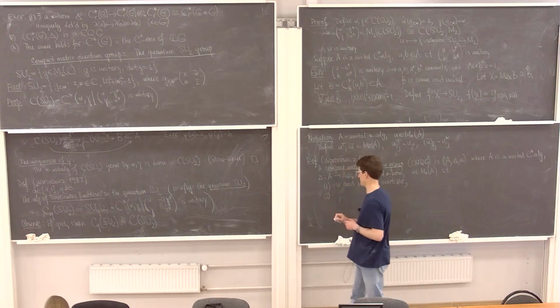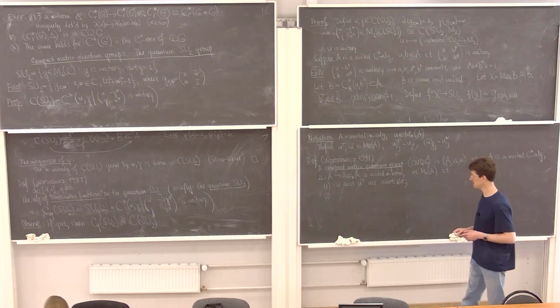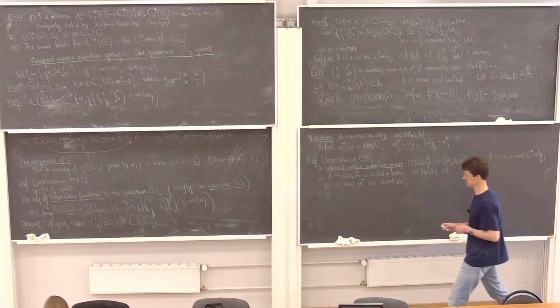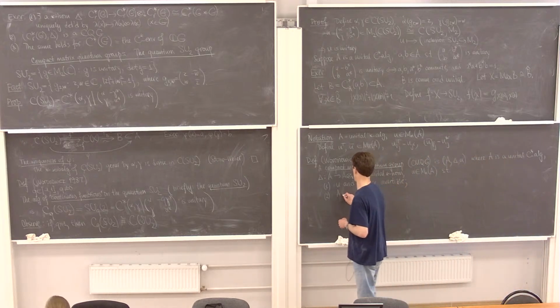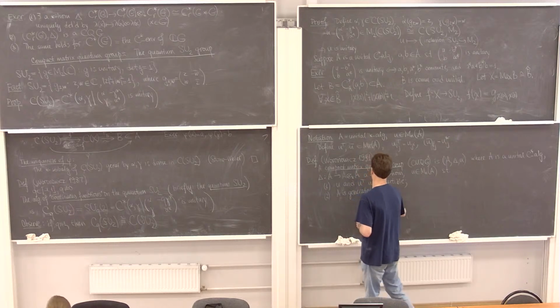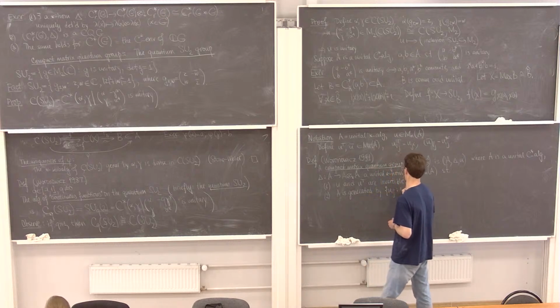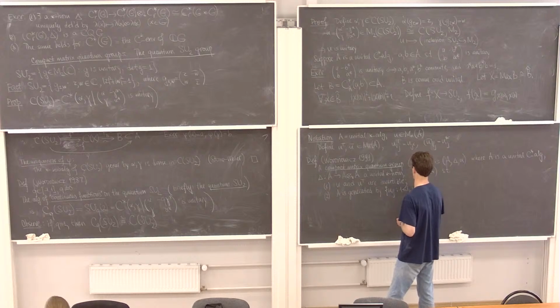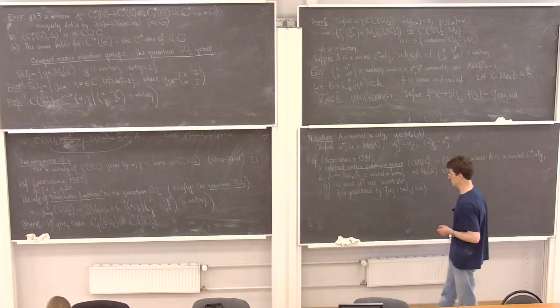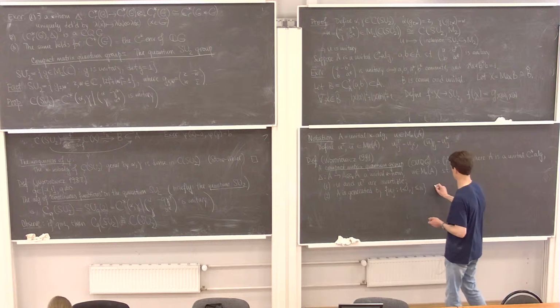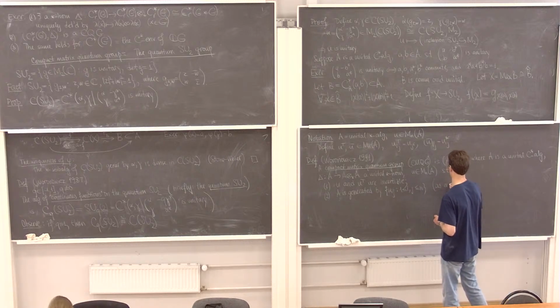Condition 2 is that A must be generated by the matrix entries of U. A is generated by the elements Uij for all i and j between 1 and n. Well, I mean generated as a unital C-star algebra.